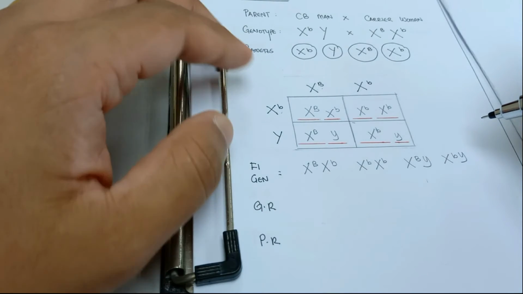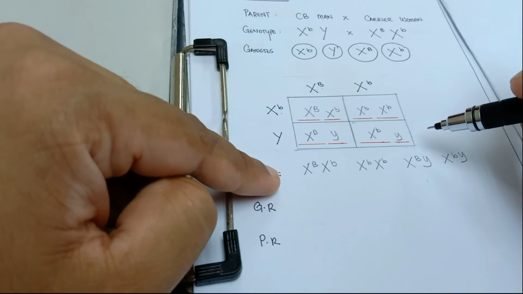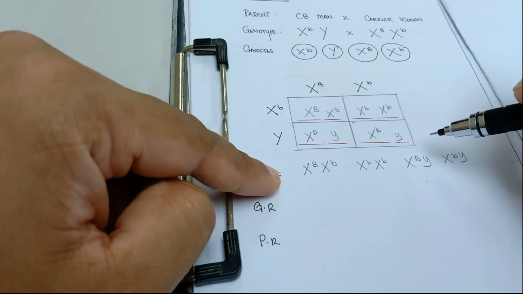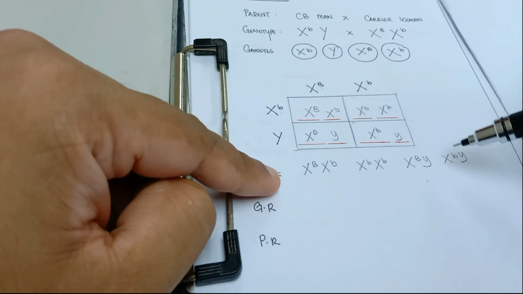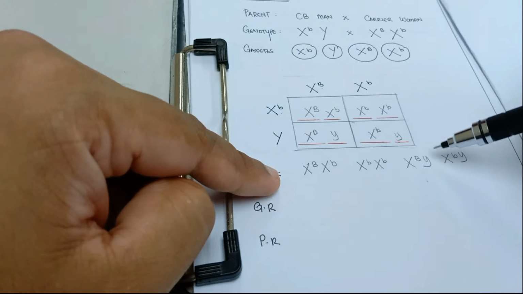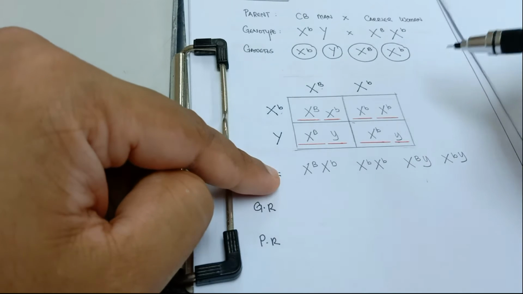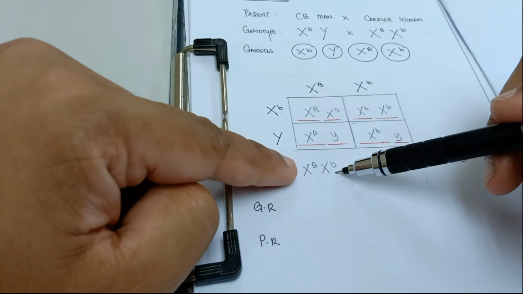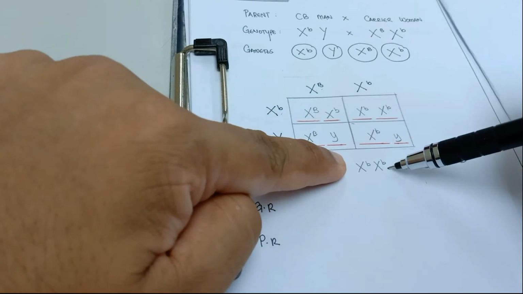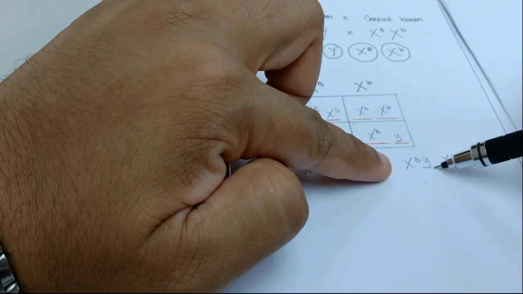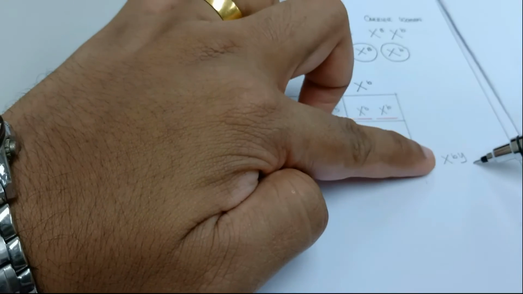Now look at the genotype ratio. To do the genotype ratio, you have to look at the distinct genes. Are there any repetitions in the genes? We have the first one, the second one, the third one and the fourth one.